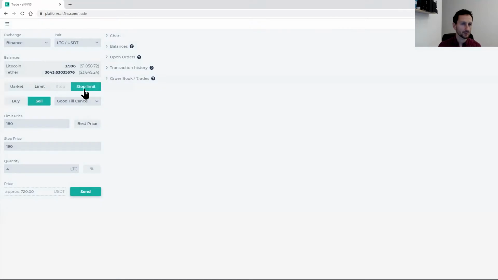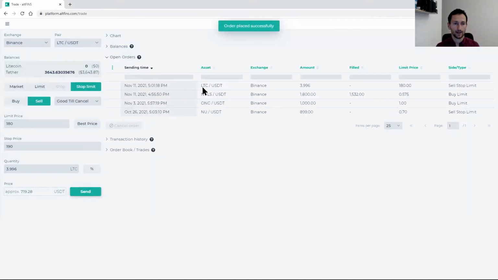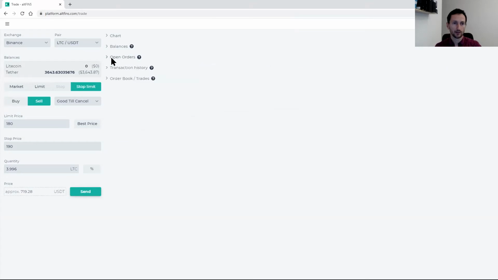Lack of funds. Stop, limit, sell. All right. I don't have quite 4 units left because of the fees on Binance, so I've got to adjust that. Okay, so now that order is sitting in my order book and will be triggered if the price dips that far.